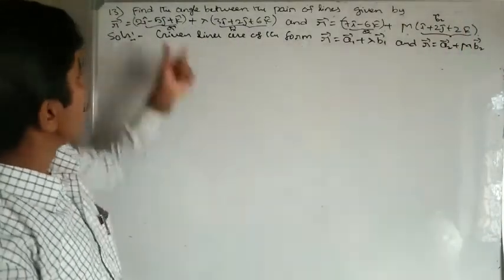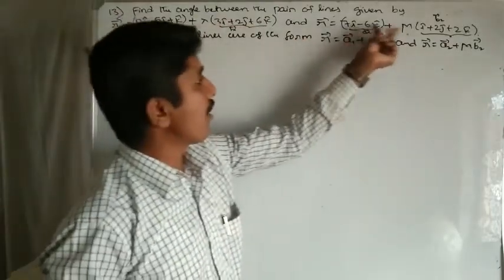Got it. This is vector a1, vector b1, this is vector a2, vector b2.